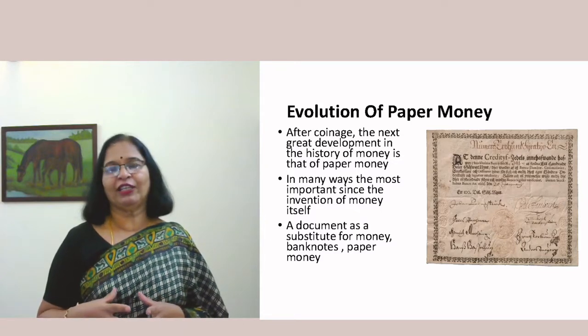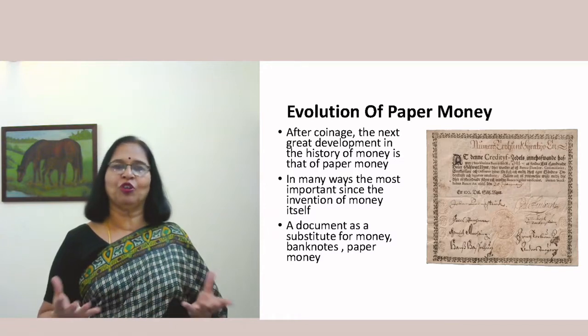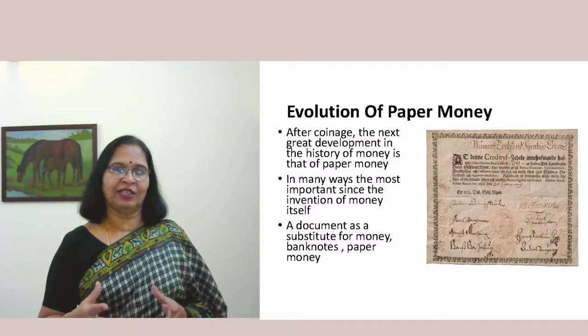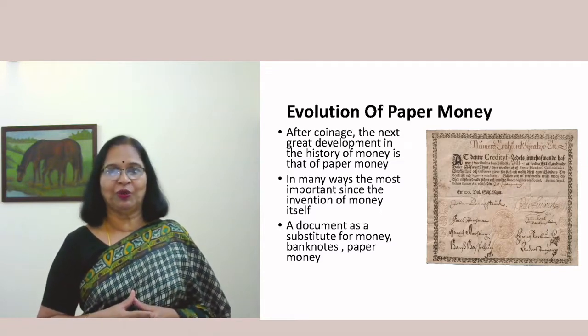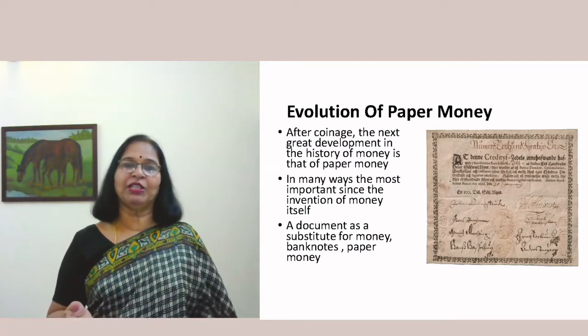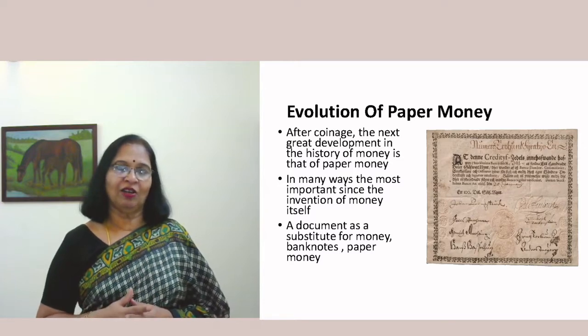Then slowly we find that they were in the form of banknotes, then paper currency, and today, the world over, we use paper currency in the form that we see to carry on our day-to-day transactions. On the right is an image of what is considered to be the first paper currency of the world.